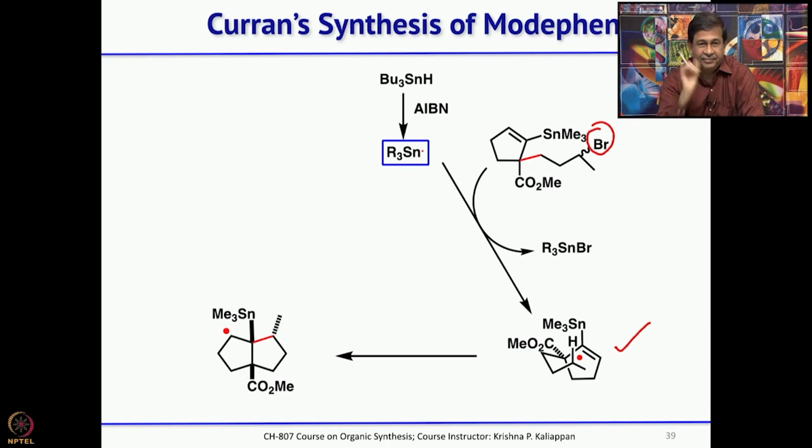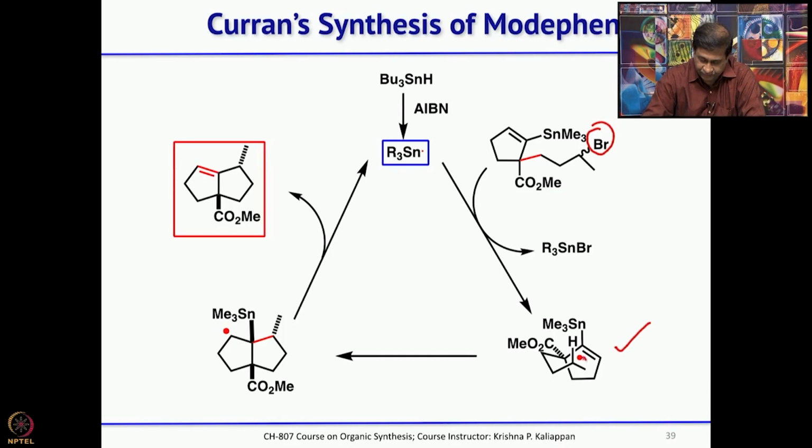I will leave it for few seconds so that now you can understand this. So this will undergo 5-exo radical cyclization to give this radical. Now this radical will come like this and then eliminate the tributyl tin radical. So you can write like this.